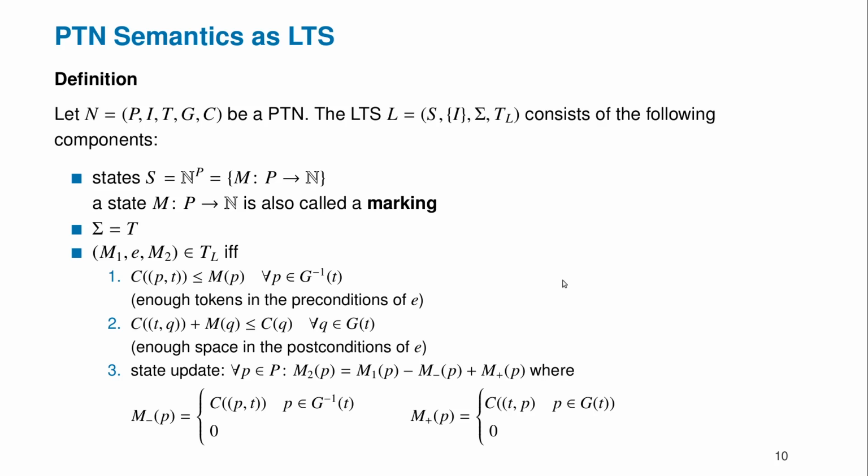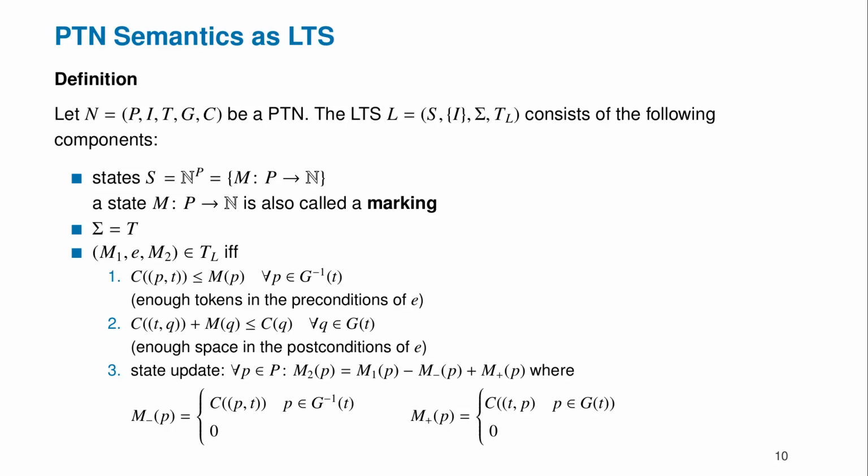For the markings in the preconditions, we have to remove the number of tokens that is used. For the markings in the postconditions, we have to add the number of tokens that is produced, and otherwise nothing is changed. And this is what the formula here says.